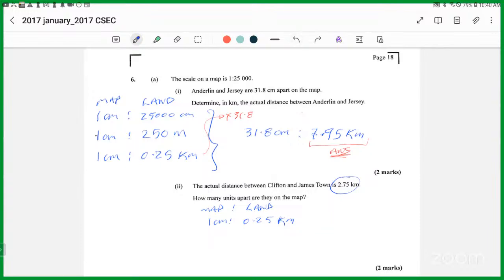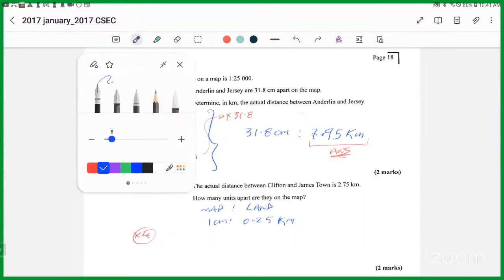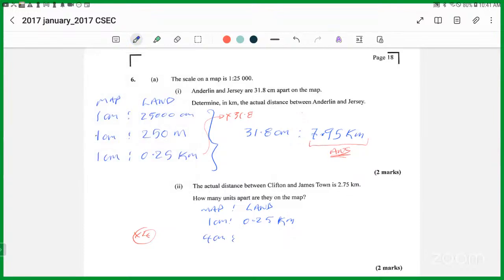So we can basically take this and multiply it up until we reach 2.75. That's one way to do it. So for this to become 1, we can multiply by 4 first, or divide by 0.25. Let's multiply by 4 first. So this becomes 1. We're going to take it up to 1 and then take it up to 2.75. So it's going to become 4 centimeters to 1 kilometer.